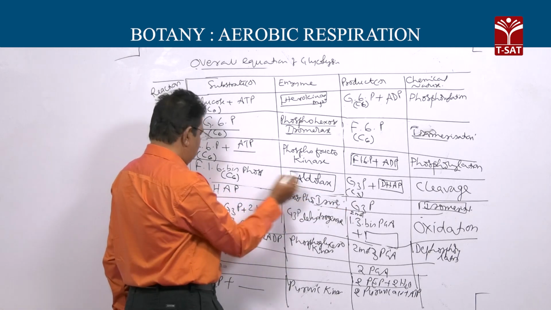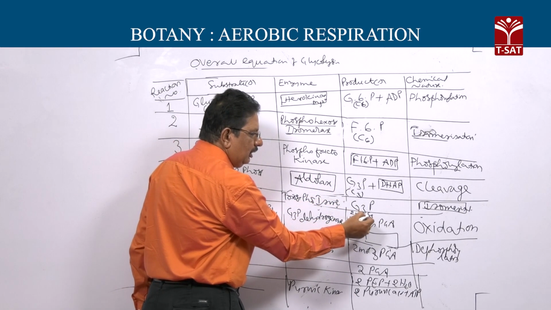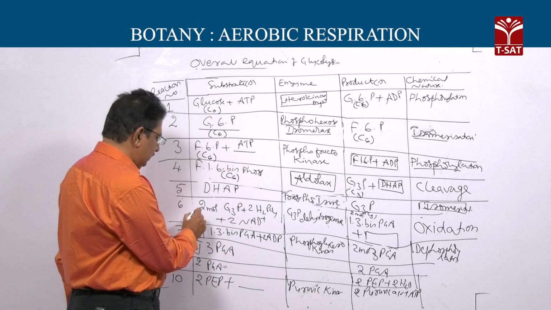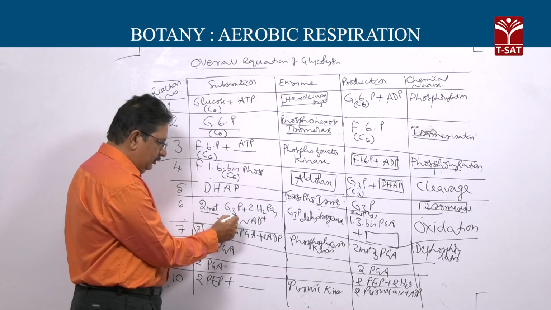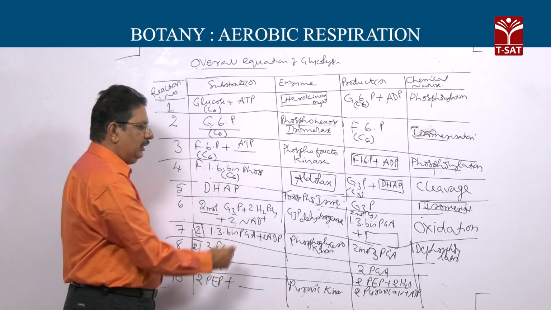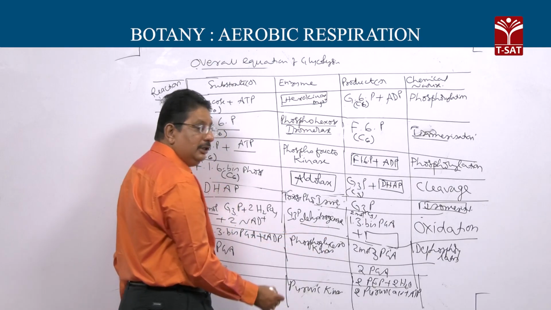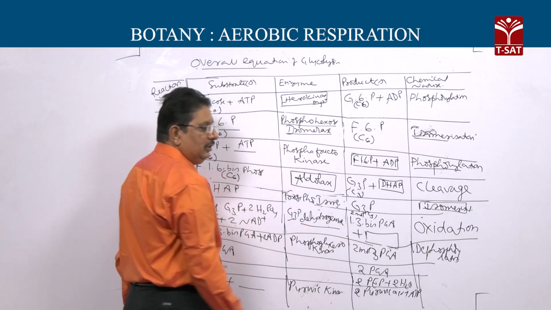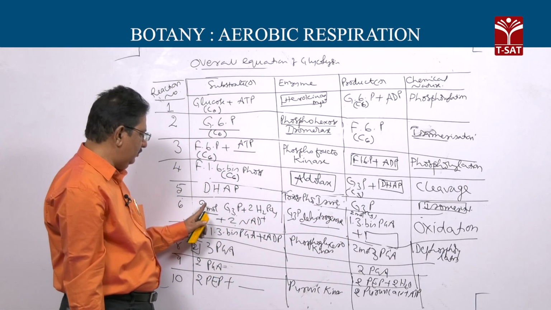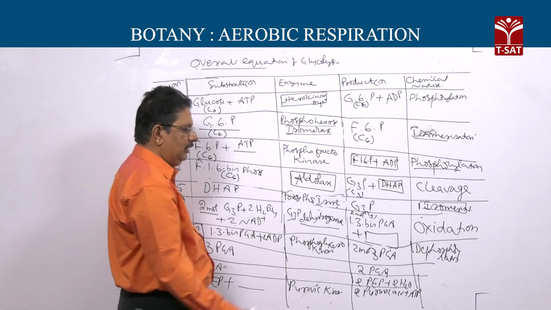So, altogether with the completion of the fifth reaction, how many G3Ps are available? 2. So, let us take 2 molecules of G3P, 2 H3PO4 and 2 NAD plus in the presence of an enzyme G3P dehydrogenase. There is a removal of hydrogens from G3P, acceptance of hydrogen by NAD plus.